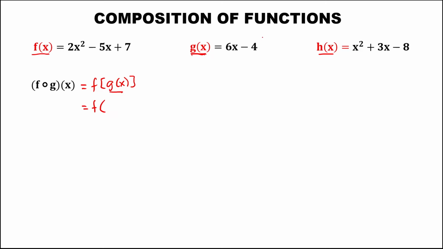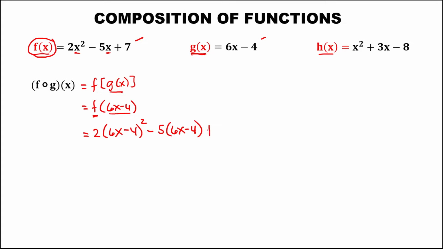Since g of x is equal to 6x minus 4, from f of x, x is equal to 6x minus 4, so this equation becomes 2 times (6x minus 4) to the power 2, minus 5 times (6x minus 4), plus 7.